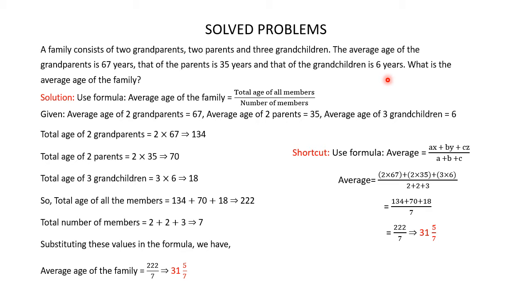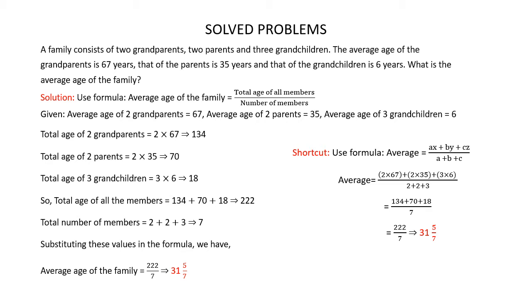Now you can solve this problem in a shortcut method by using the formula average is equal to ax plus by plus cz divided by a plus b plus c. Here a, b and c are the number of members and x, y and z are their respective averages.